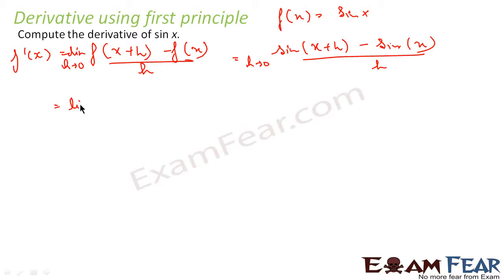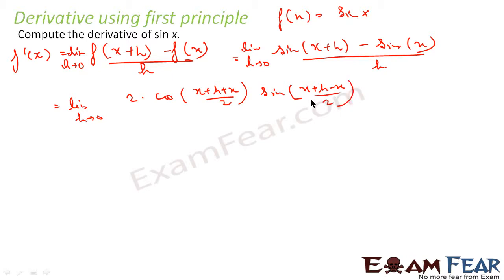So we use the formula, and this becomes the limit as h tends to 0 of 2 into cos((x plus h plus x) by 2) into sin((x plus h minus x) by 2), and this whole thing is by h. The x cancels, and we'll take this out.